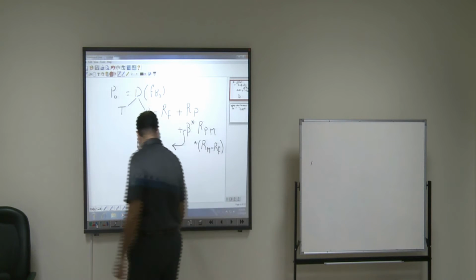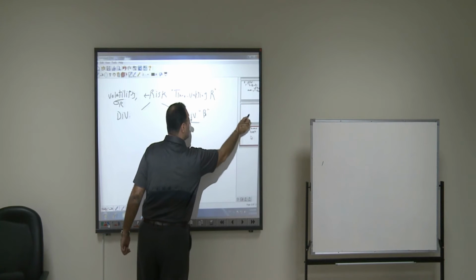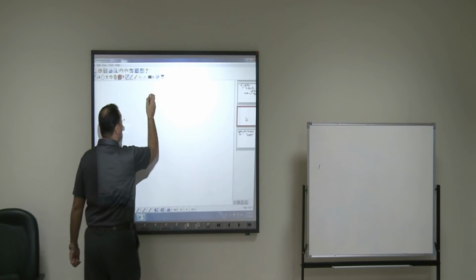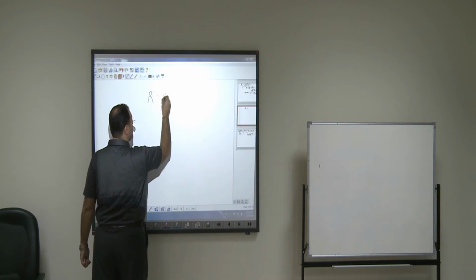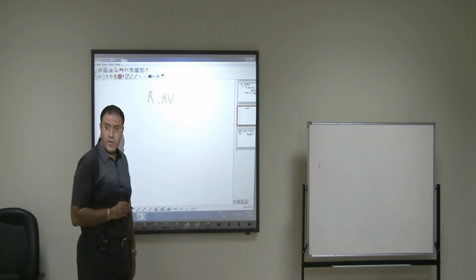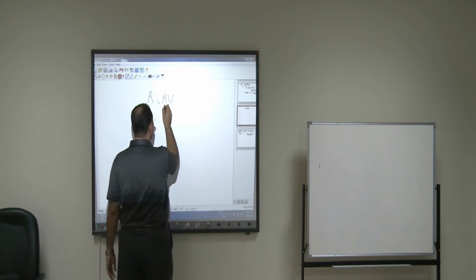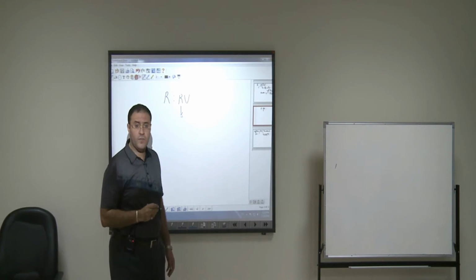So let me explain here. R is a random variable, an RV. What's a random variable?